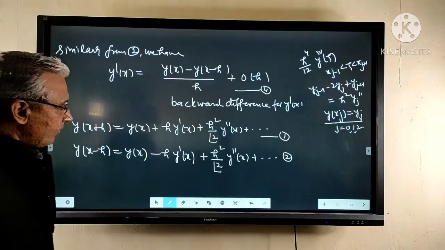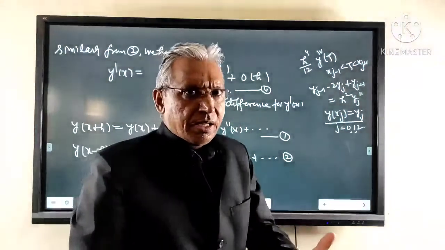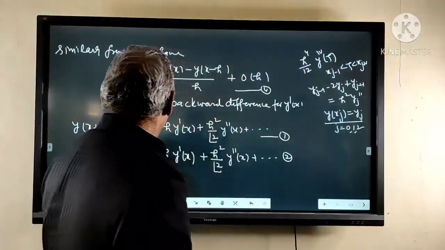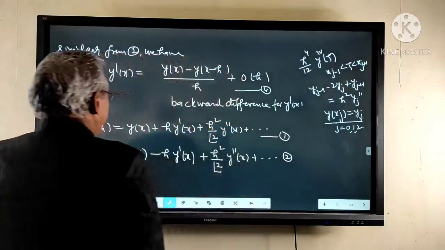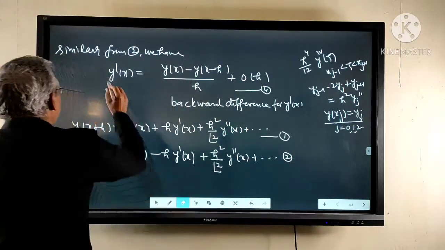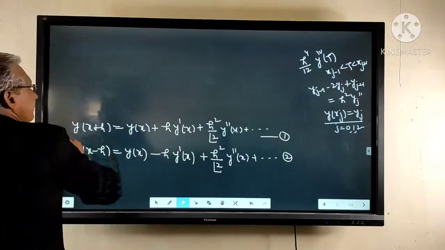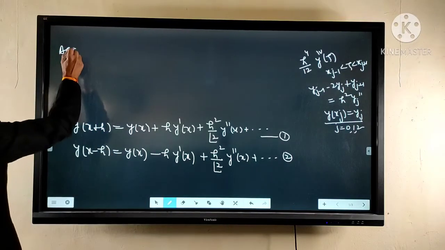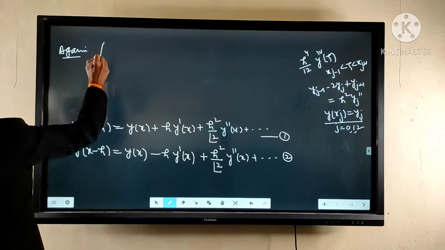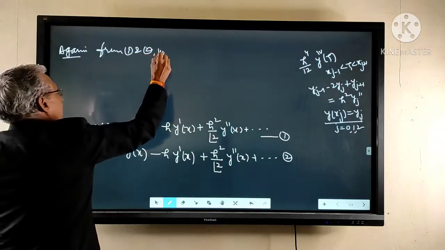Again, for a better approximation, we subtract the second from the first, and then we have y'(x) = [y(x+h) - y(x-h)]/(2h) + O(h).